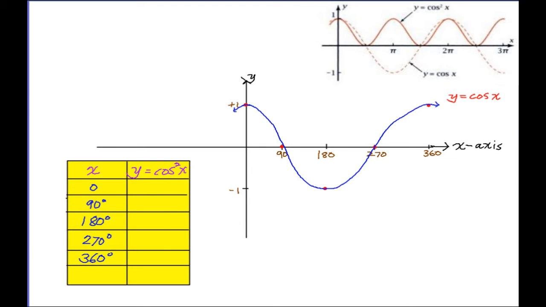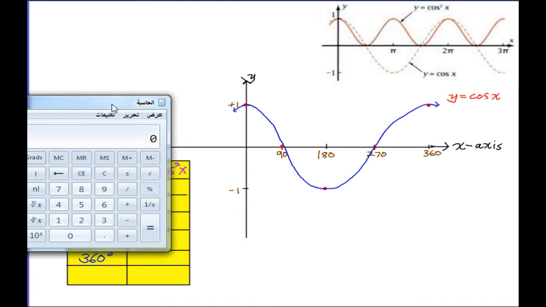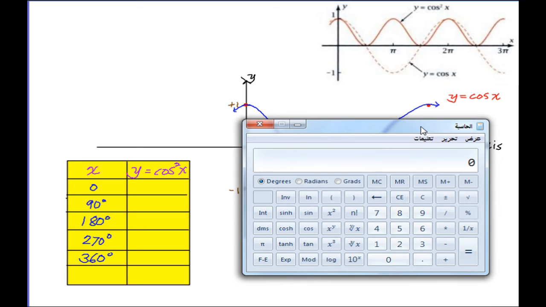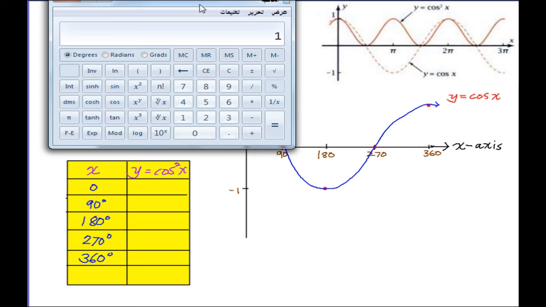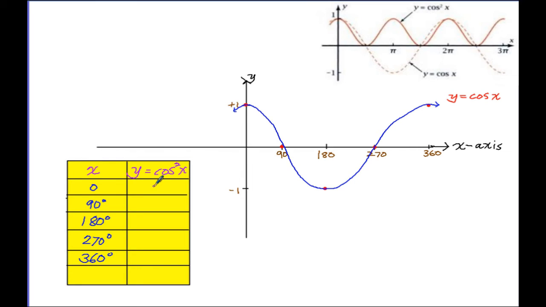Now using our scientific calculator, let's see what happens for 0. Cosine of 0 equals 1, and squared it is still 1.